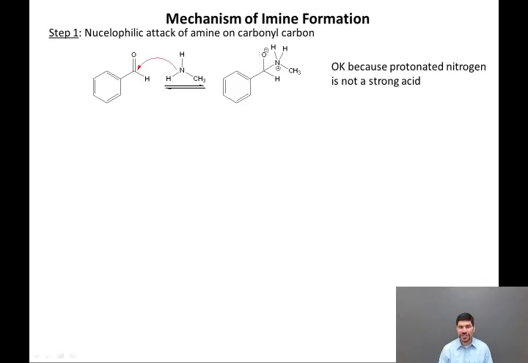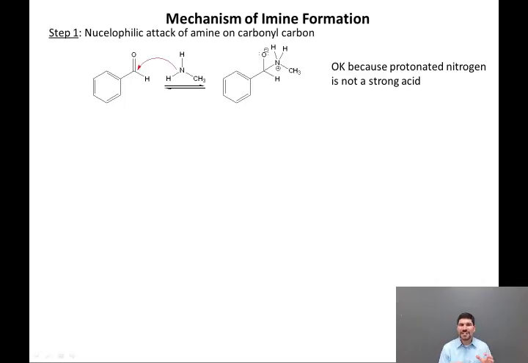negative charge on oxygen. This is the sort of intermediate that we said was not possible with oxygen nucleophiles. It's still not a great intermediate. This step is most definitely going to be uphill, this step. But this intermediate is okay because the protonated nitrogen is fundamentally not a strong acid.